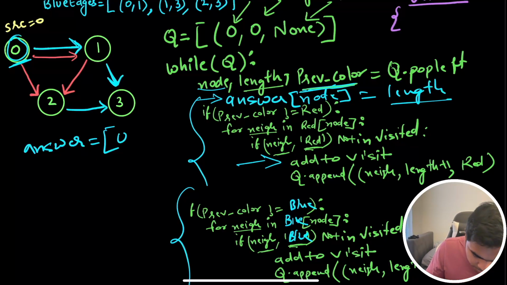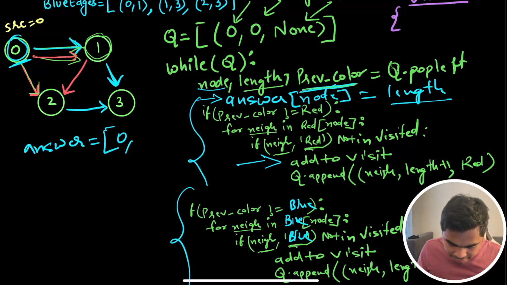So 0 would be 0, it will fill right here, and then from 0 I have not chosen any color, but let's say from here I will visit this one using blue and using red both, and this one only red. So I have executed basically from 0 to 1. I have executed this one as well as this one.